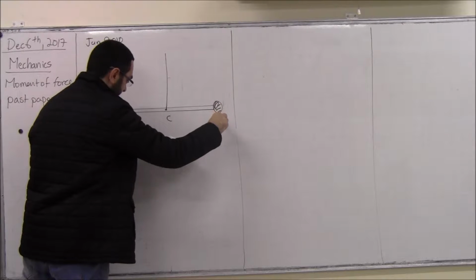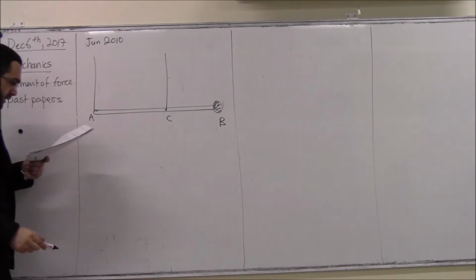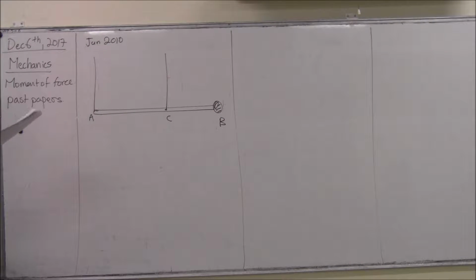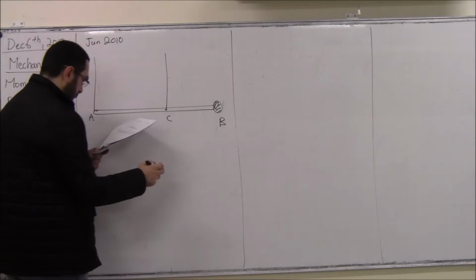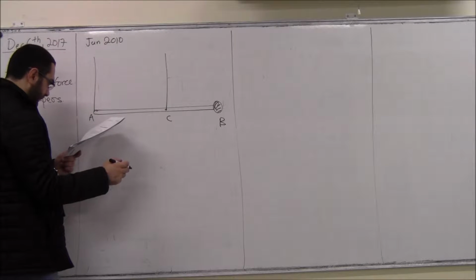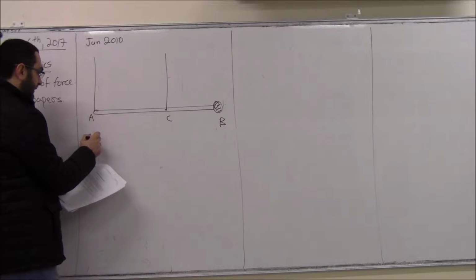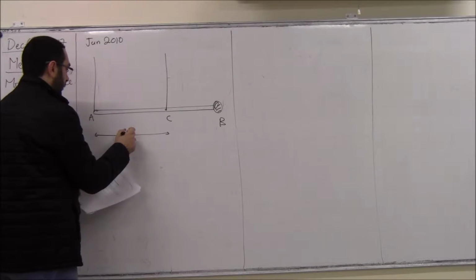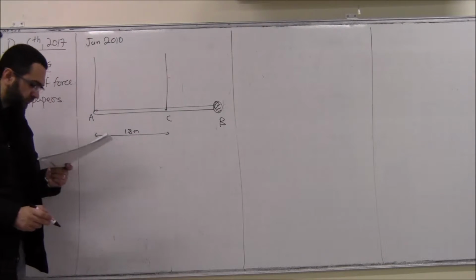Approximately similar to the previous question, where AC is 1.8 meters.